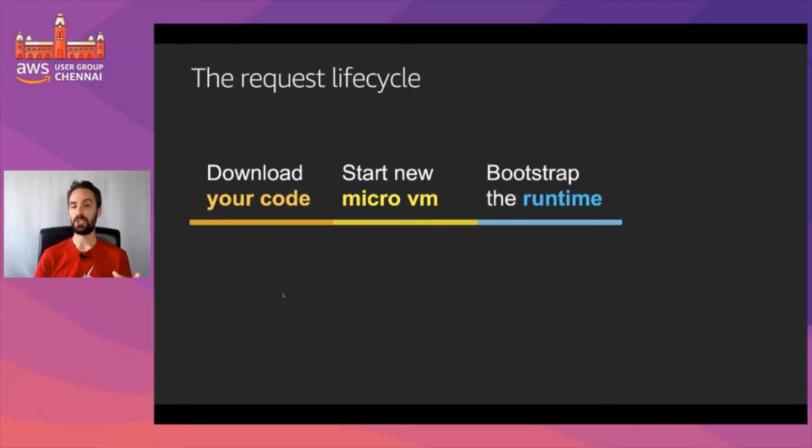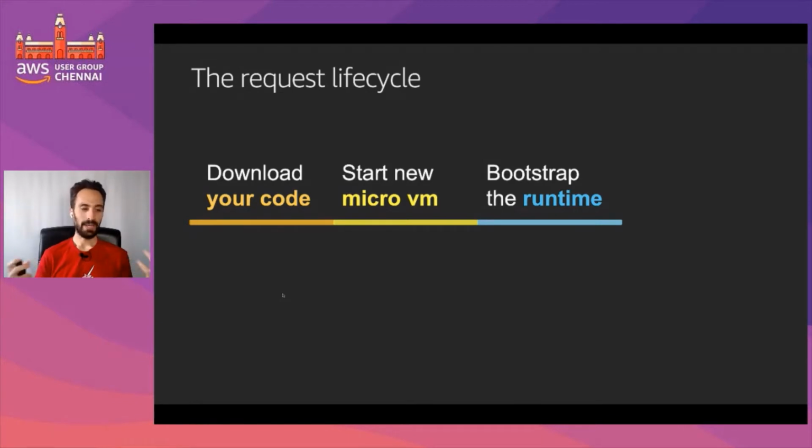After that, we can bootstrap the runtime, depending on which programming language, which runtime you have chosen, whether it's Python or Node.js or Java or Go or Ruby or whatever else. If some of the runtimes are not natively supported, you can even provide your own custom runtime.